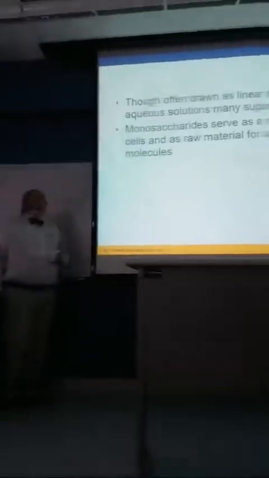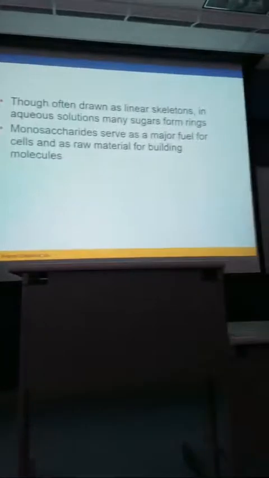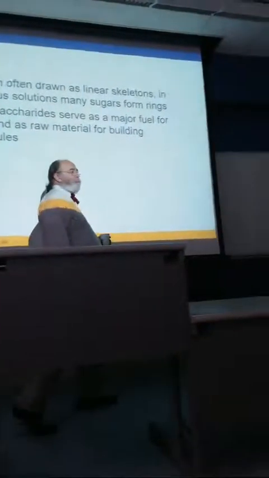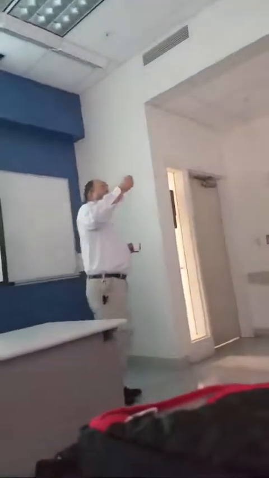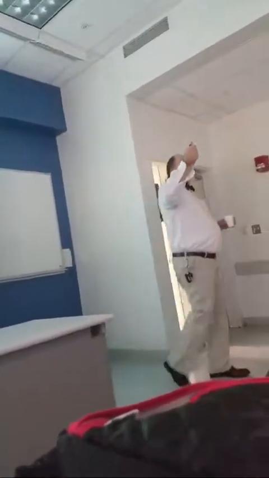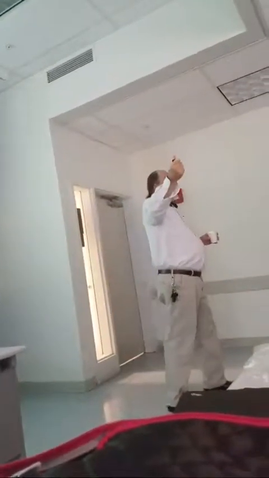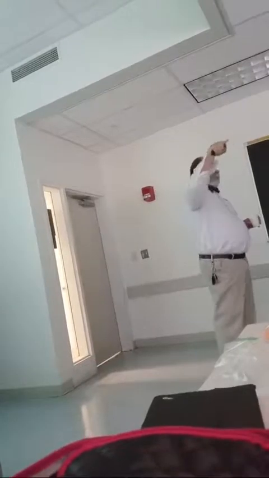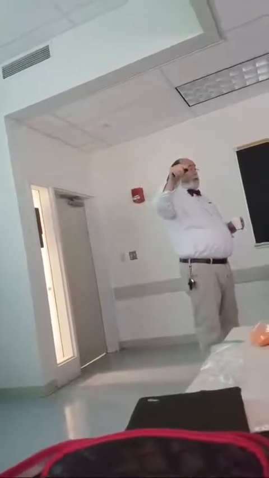Remember, you just have to do them linear. You don't have to draw the ring shape. Basically, you're going to have to be able to draw adenosine, ATP. You just draw the box which says adenosine, 3 phosphates attached to it.